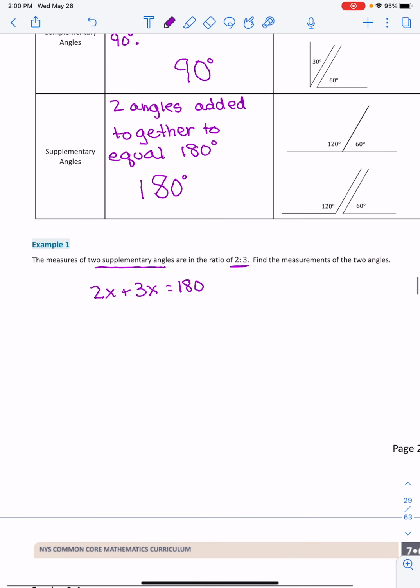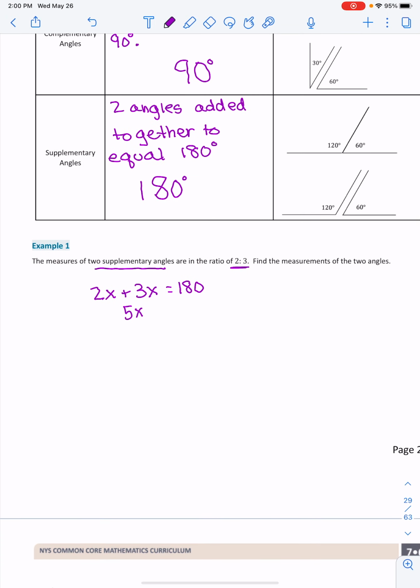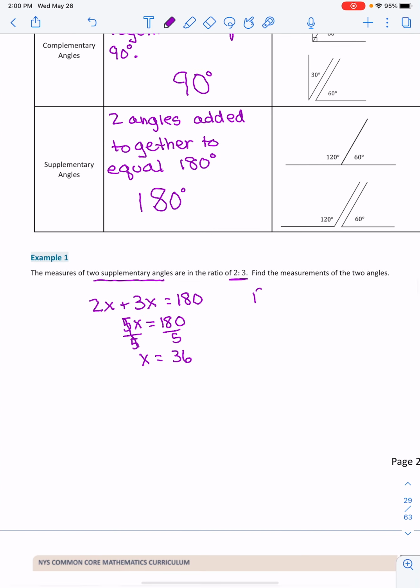So now I'm going to solve for x. 2x plus 3x is 5x equals 180. I'm going to divide both sides by 5. So x is going to equal 36. But I'm not done. I have to find the measurements. So the first angle is 2x, or 2 times 36, which is 72 degrees.